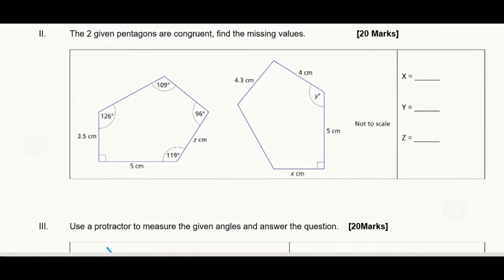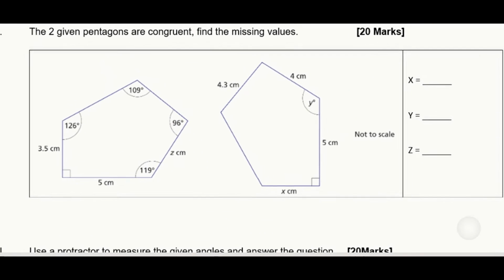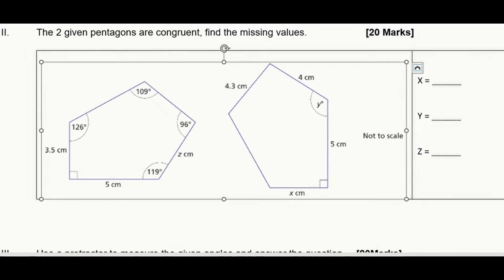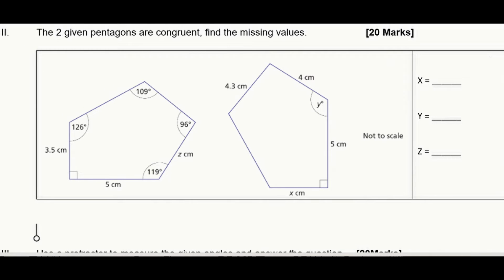Okay? Now we are going to make it a little bit greater. And we are going to read exercise 2. The given pentagons are congruent. Find the missing values. We know they are congruent, and we are going to see this corner.